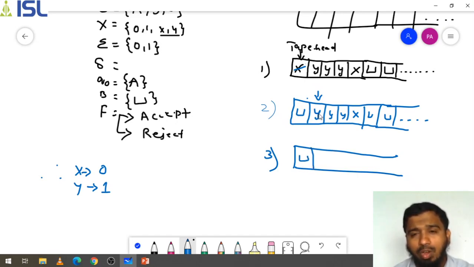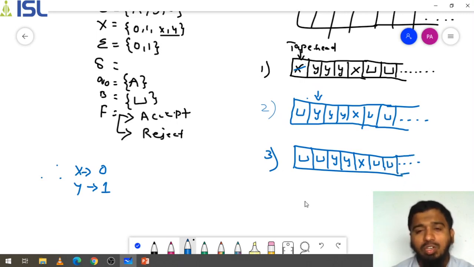In place of 1, 1 means any number of ones, so it is also accepted, and the rest of the values will be the same. If you did not understand this, don't worry, we will draw the state diagram and solve this again. But first I am solving the problem with the help of the Turing machine, then afterwards we will take the help of the state diagram.